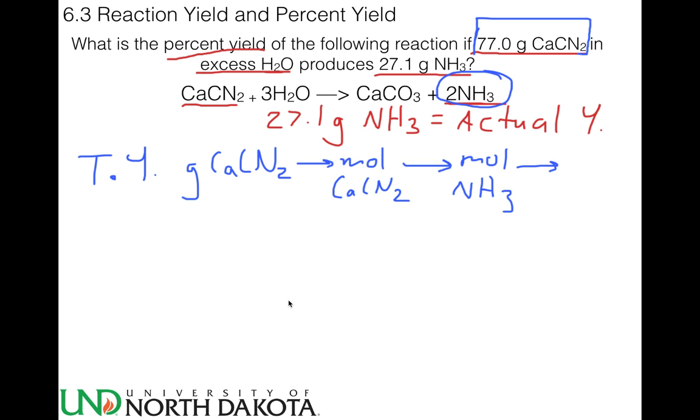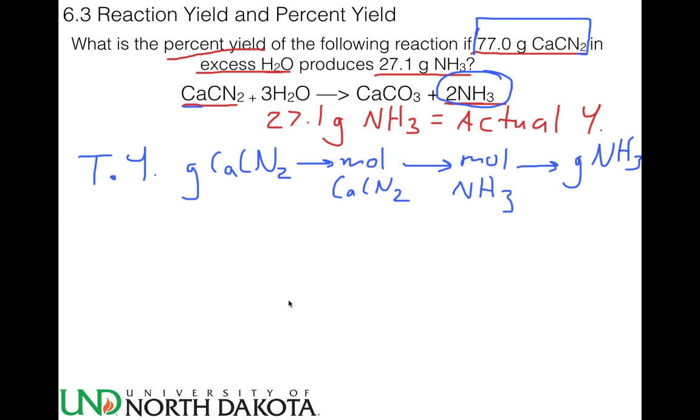And then we'll go from moles of ammonia to grams of ammonia using the molar mass. Now, we need to make sure that the chemical equation is balanced. So double checking, just always make sure to double check. 1 calcium, 2 nitrogen, 6 hydrogen, and 3 oxygen, and 1 carbon. So it looks good. We can proceed.